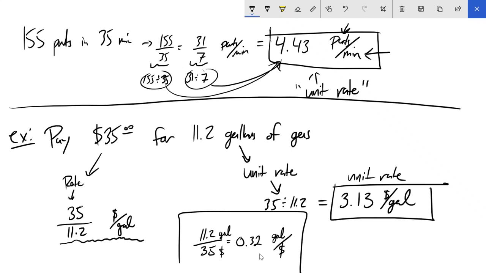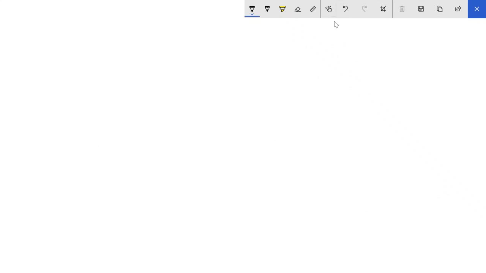Okay. Now the reason it matters is because one of the ways that we use unit rates is you could compare items. So let's say, for example, this happens if you go into the grocery store and they sell things in different quantities, right? So let's say you go into the store and they sell 2 different quantities.